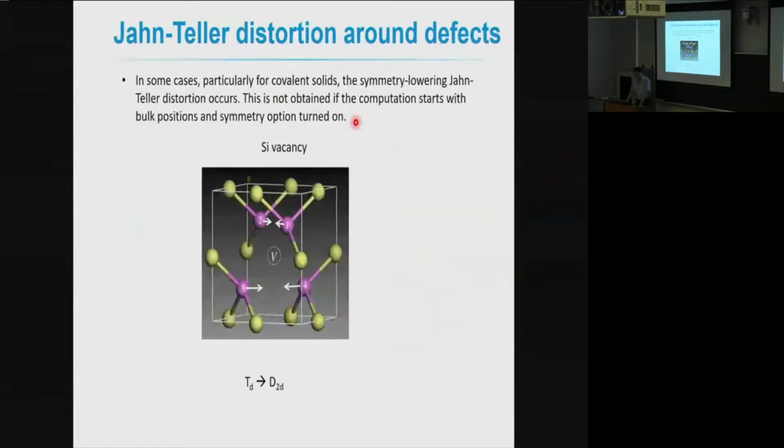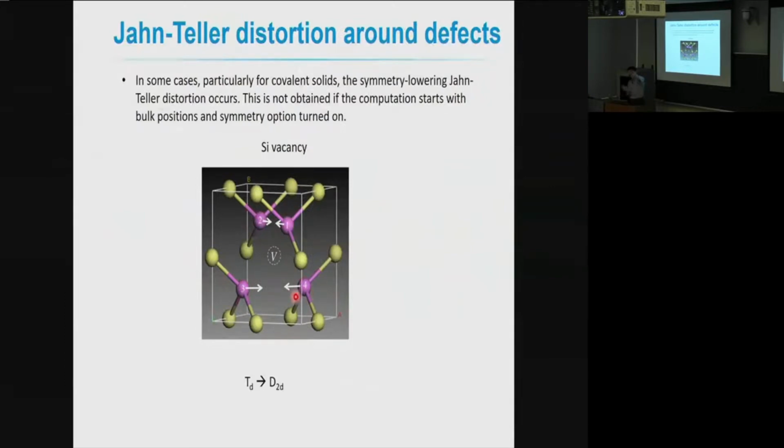Okay, and this is another comment: particularly for covalent solids, symmetry-lowering Jahn-Teller distortion occurs. For instance, this is a silicon vacancy, and it is known that for the silicon vacancy there are 4 dangling bonds, and 2 of these atoms can get closer.